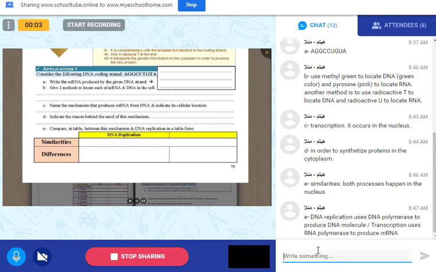This one will produce DNA, the other produces messenger RNA.